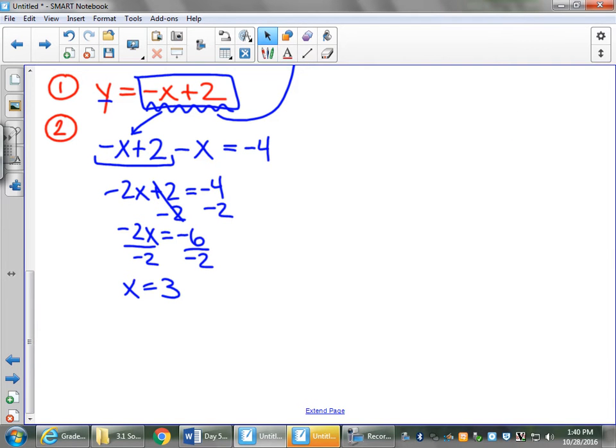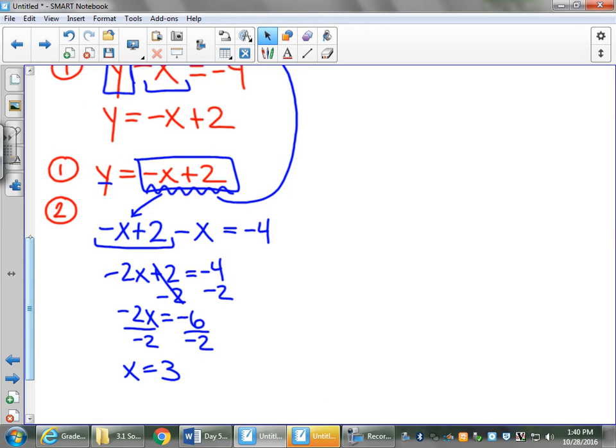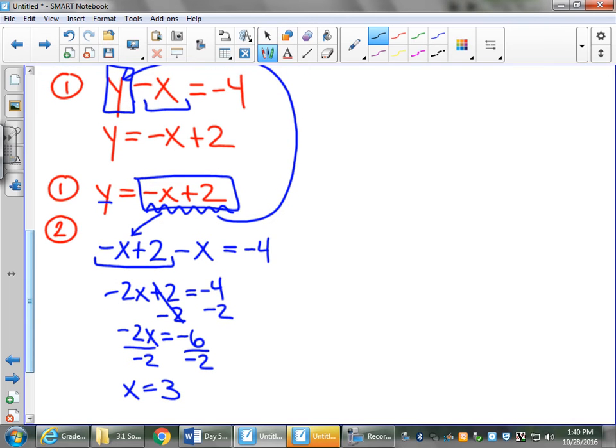So the third step is substitute again. It's isolate, substitute, substitute. So we're supposed to take the x equals 3 and substitute that into one of the original equations for x, because we solved for x. I'm going to sub it into the second equation.